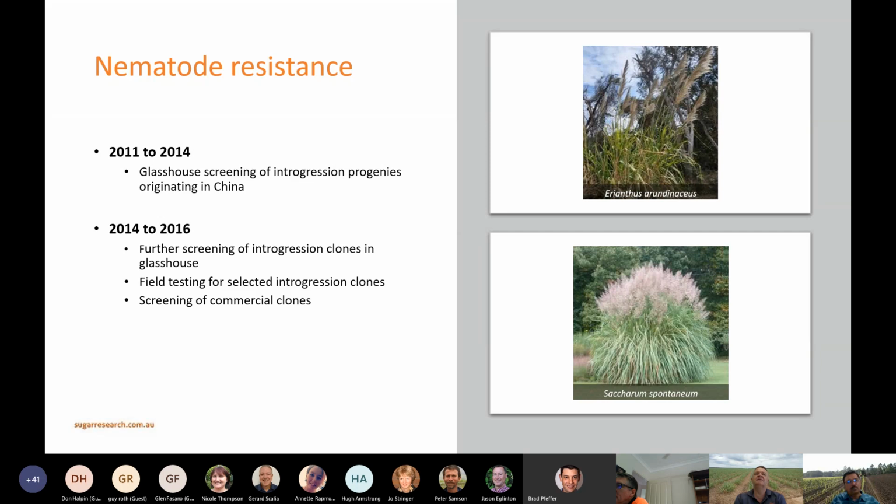From 2014 to 2016, further screening was done on the introgression clones in the glasshouse. We also took some promising clones which showed resistance in the glasshouse to the field, to see whether they are resistant to root knot or root lesion nematode in field conditions.